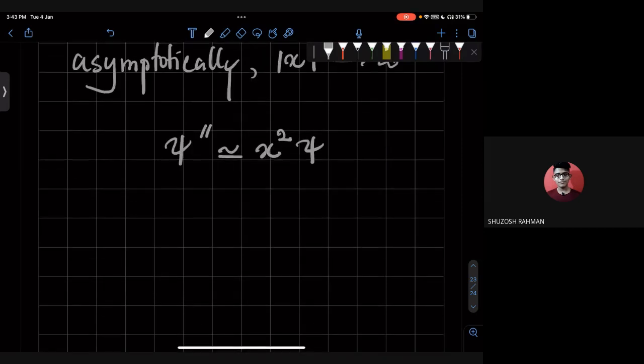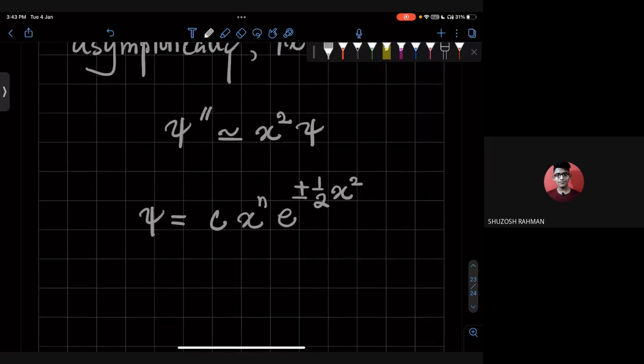Okay, so it's easy to verify that the solutions to this equation are some constant, some x to the power n, n is some integer, times e to the power plus or minus half x squared. You just plug that into this equation. But we see that only one of the signs here is going to make sense.